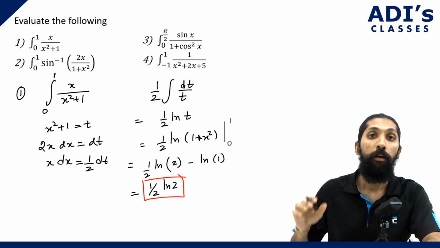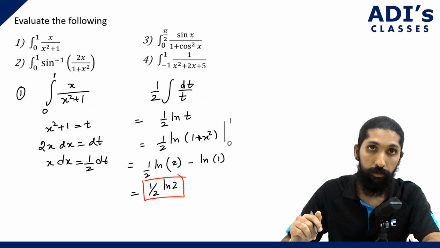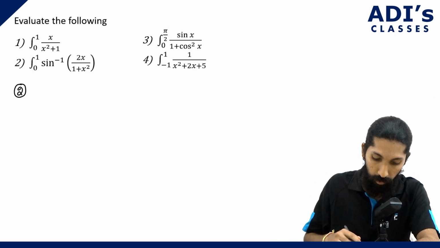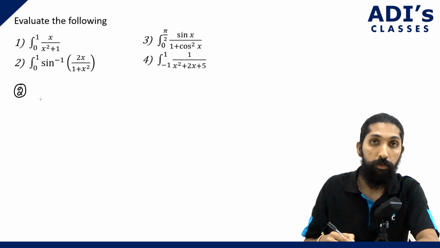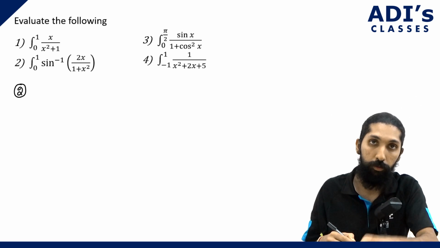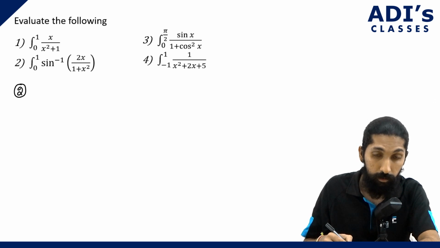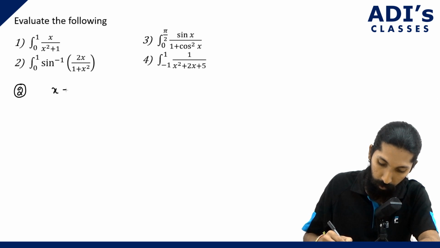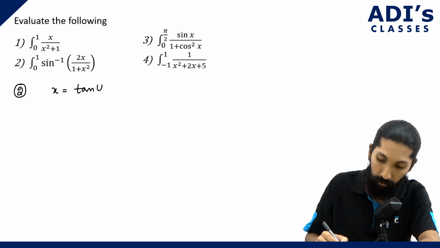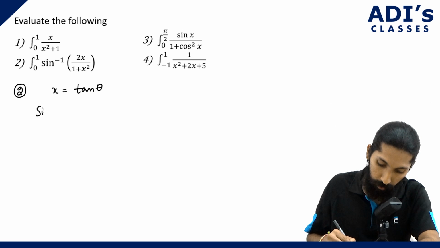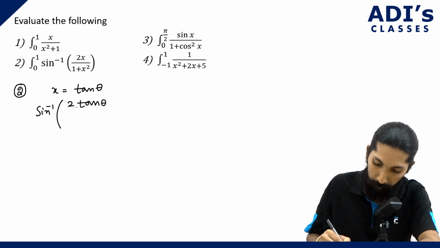All right. Now we'll move on to the next question. See the second one. You have sine inverse of this one, correct? So first we need to do substitution. That means we need to simplify that. Take x is equal to tan theta, a simple one. So we are going to have sine inverse of 2 tan theta divided by 1 plus tan square theta.